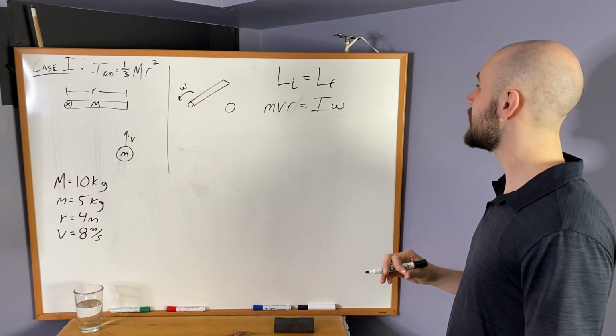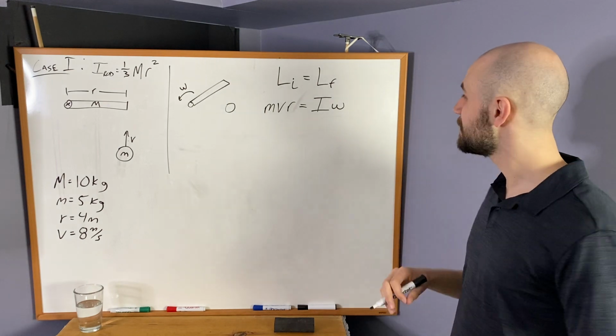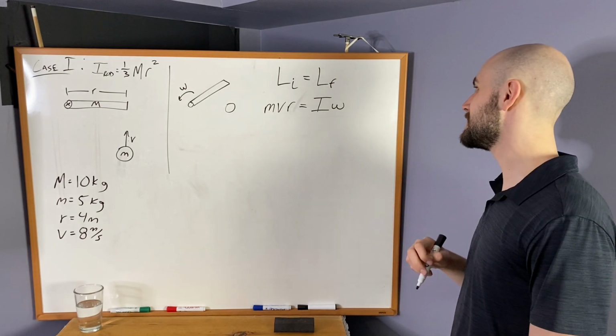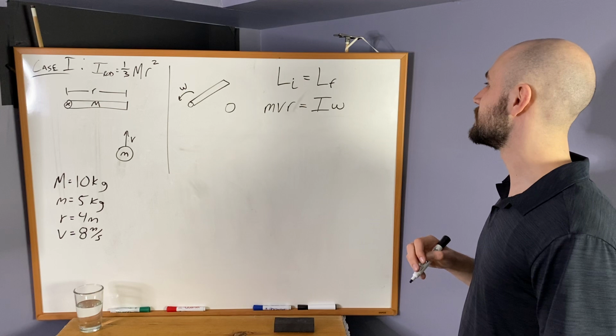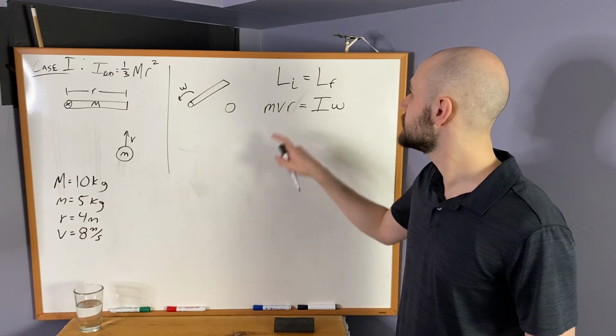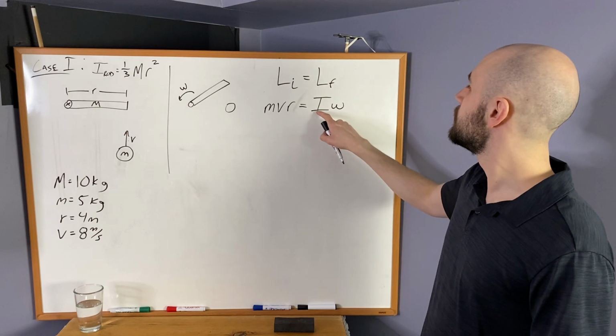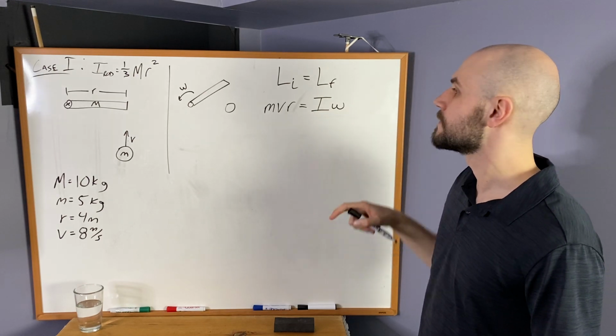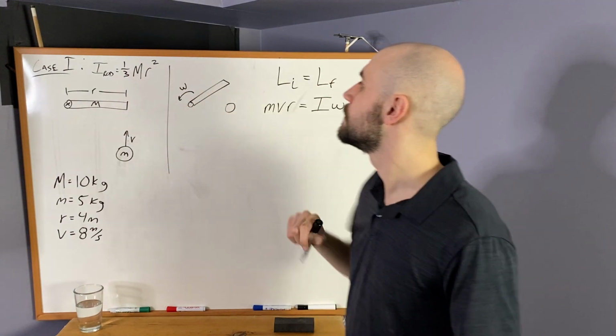And here we can now start plugging in what we know and see if we can solve for this angular velocity omega. Little m is the mass of the ball, speed is given, r is given, but this I for the rod along a fixed axis, we have an expression for it.